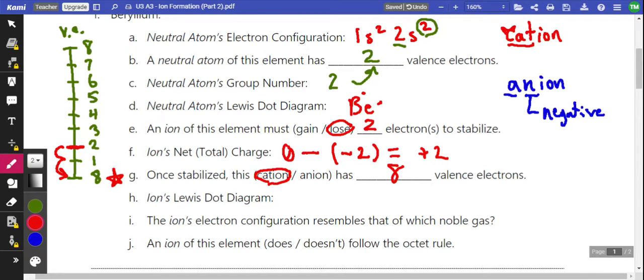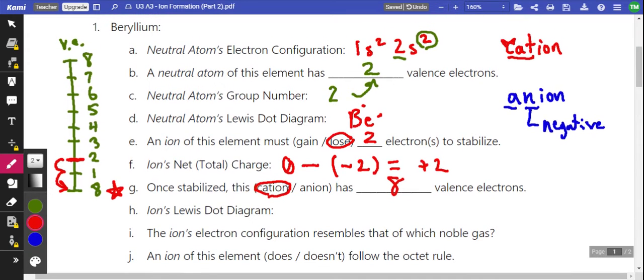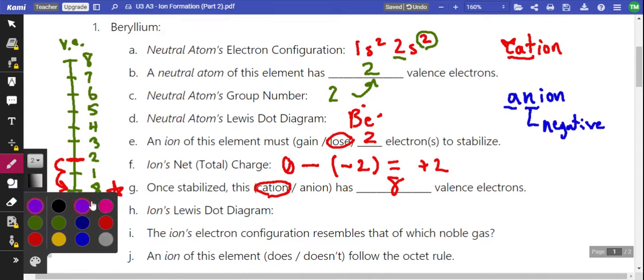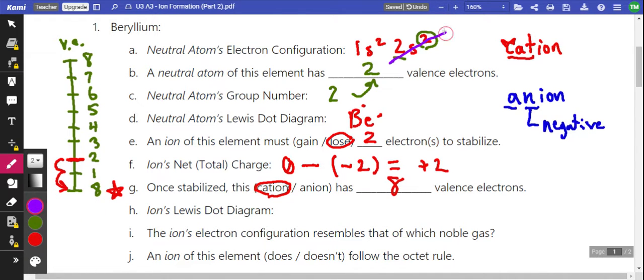But if we look a little more carefully at our electron configuration we started with, 1s2, 2s2. If I lost 2 electrons, that means these guys would go away, and I'm left with 1s2. That is only 2 electrons. There are only 2 electrons left in this atom, period. And so those are going to be also my valence electrons.